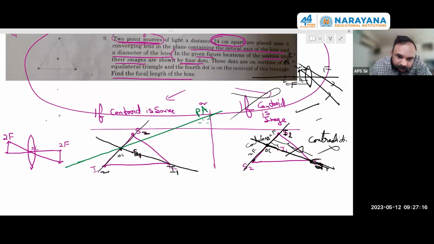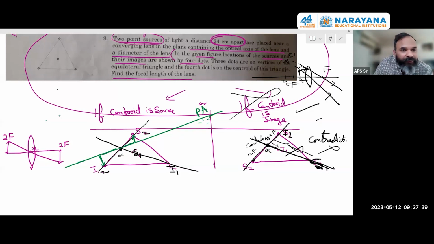Now I'm saying, because this point and this point are at the same distance, if this is your point object, H, and this is your point image, we know that this distance and this distance will be the same. Let me take a few distances.